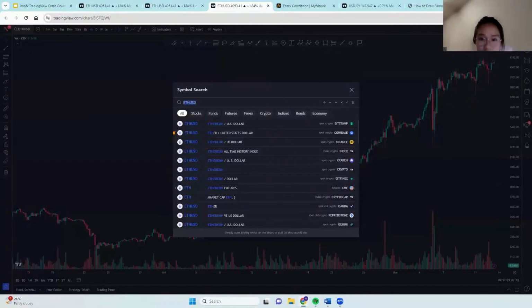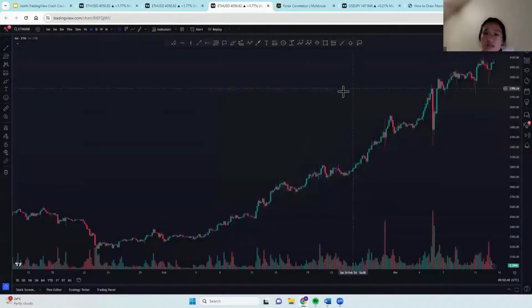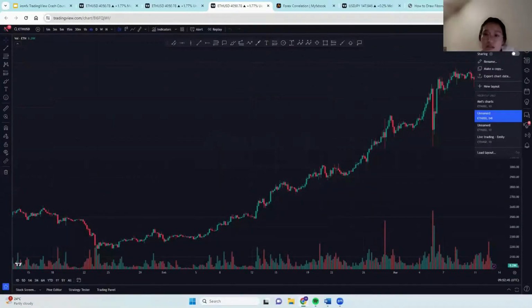Oh, you can't see? Wait, let me just take a look. Oh no, it does. It's just this new layout button. Yeah, it's a really small arrow here. It says manage layouts.